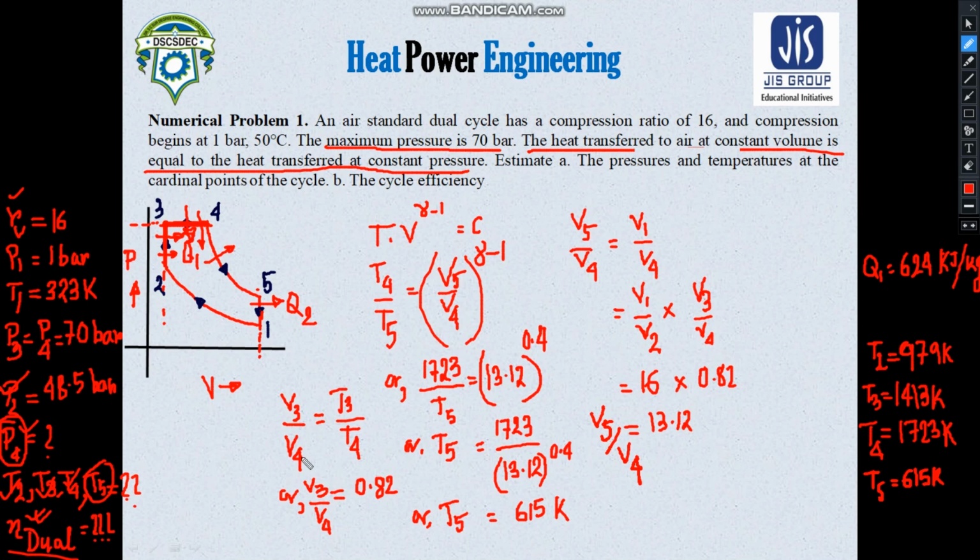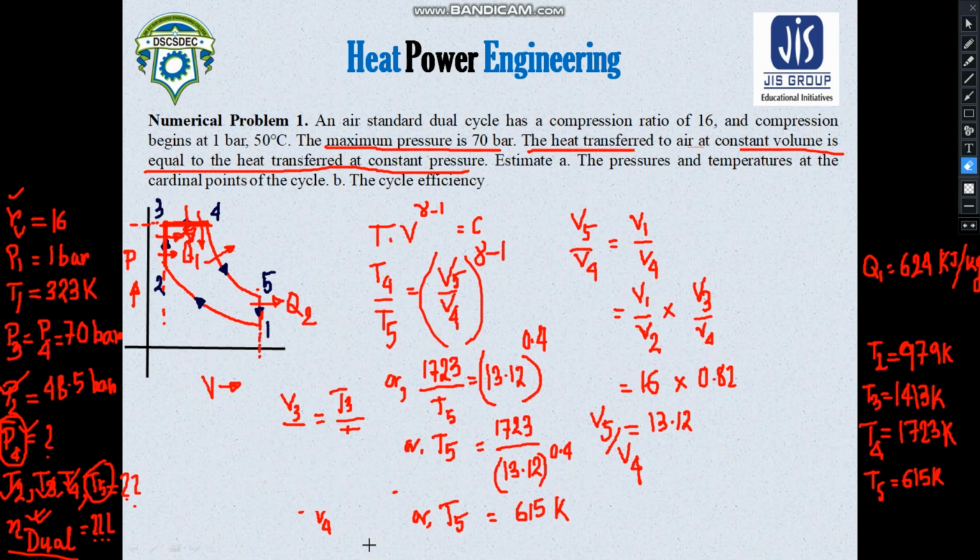V3 by V4 is the reciprocal of the cutoff ratio, because the cutoff ratio would be V4 by V3. So the reciprocal of the cutoff ratio becomes 0.82, and we put this value here, and ultimately we get the ratio V5 by V4 as 13.12.